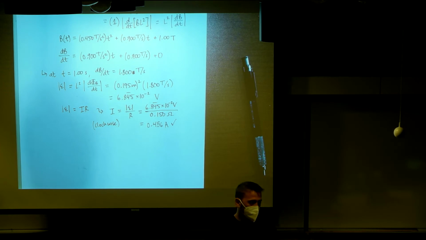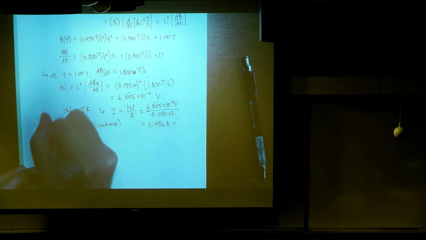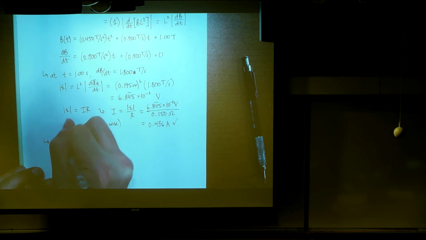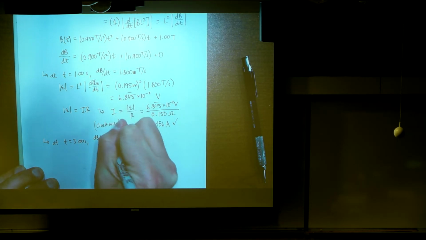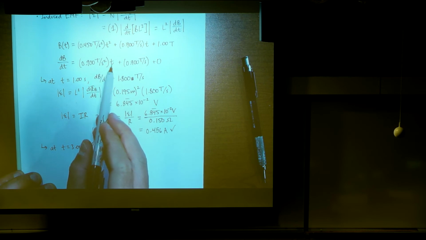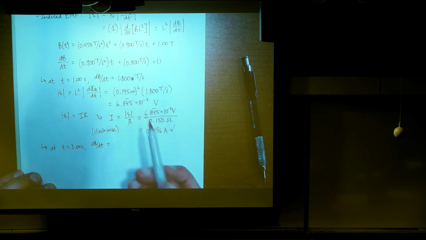But if we choose a different time, like t equals 3 seconds, we'll get even more current because the B field is changing faster and faster as time goes on. And we get more and more induced current as time goes on. So let's do, as a final step, t equals 3 seconds. Here's what we have. We have dB/dt. That's 0.9 times t plus 0.9.